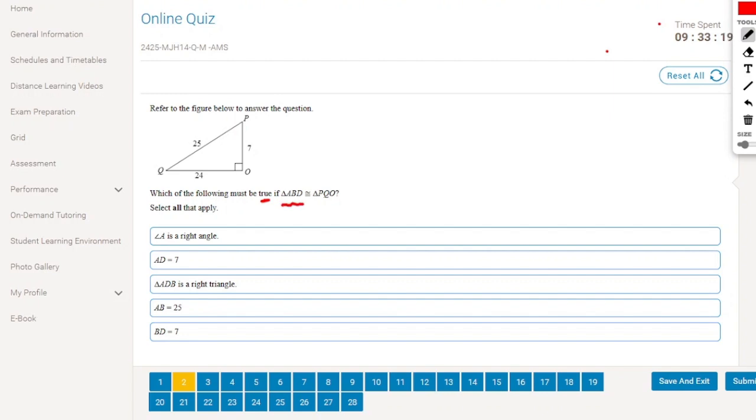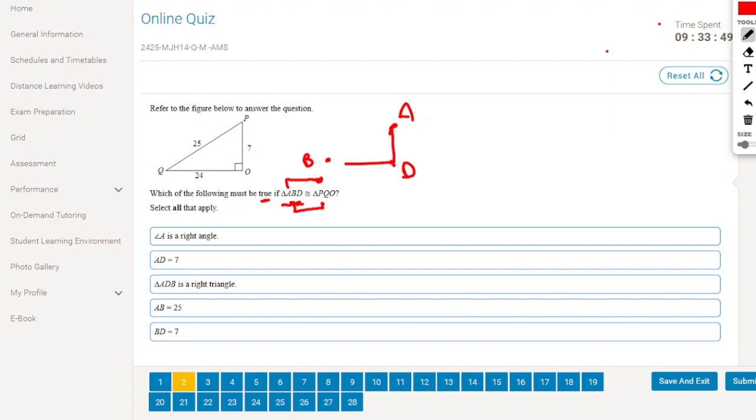First, point A will be congruent to point B. So let's draw A here, same as B. Now, point B is congruent to point Q. Point Q is here, so I will draw point B here, same as Q. And point D is congruent to point O. This is point O, so here it will be point D.